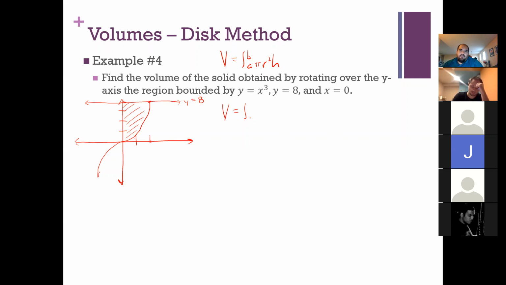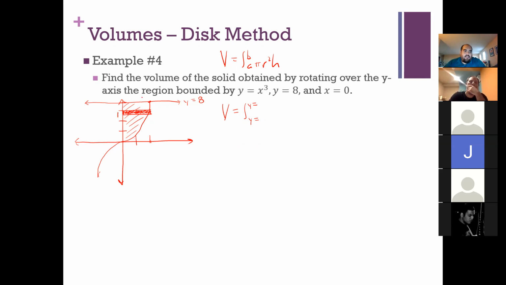So if I want it in terms of y, let's make this explicit first. I want my limits of integration to be in terms of y. If y is my independent variable, then I'm going to have rectangles that look like this. It's going to be a dy.